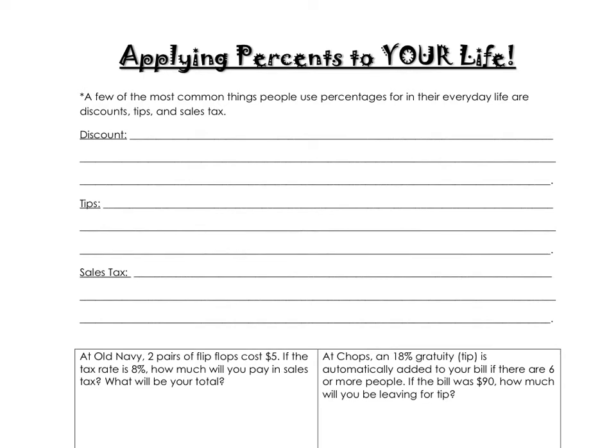The first one is a discount. This is a percentage, I'm shorthanding it, off of an item. Okay? It is a percentage off of an item.